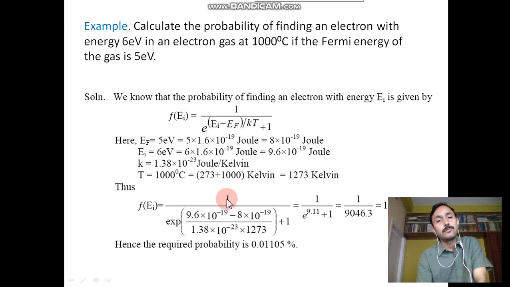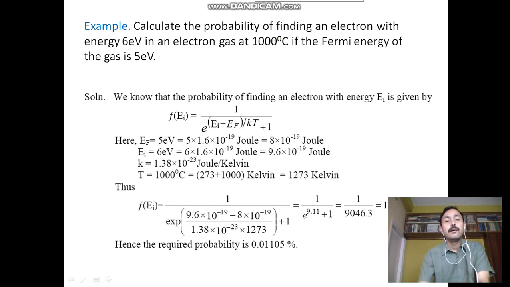So Fe becomes 1 by e to the power 9.11, plus 1. Putting this value, this becomes 1 by 9046.3, that means 1.105 × 10^-4.